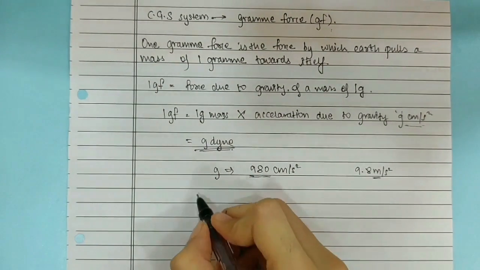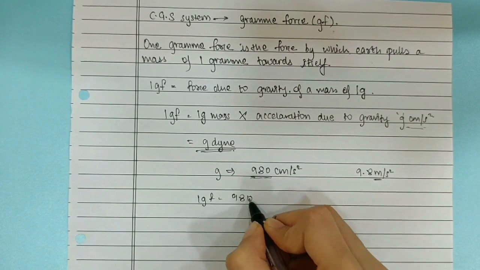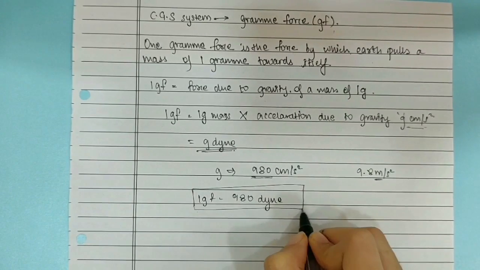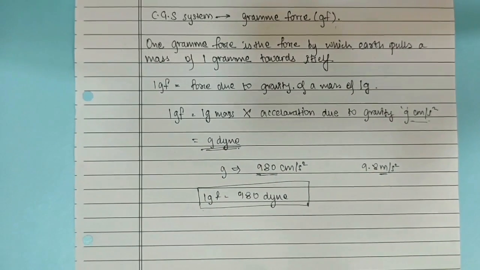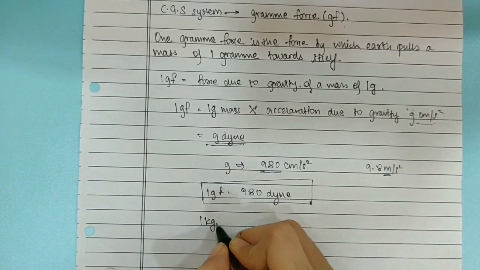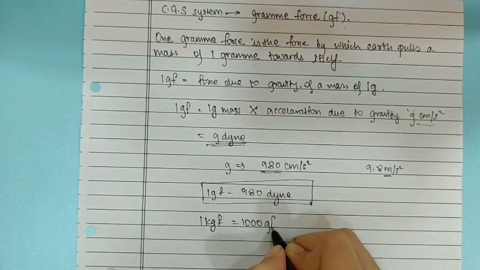So therefore 1 gf is equal to 980 dyne. Simple. Further, 1 kgf is equal to 1000 gf, of course.